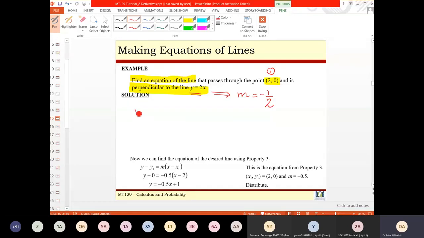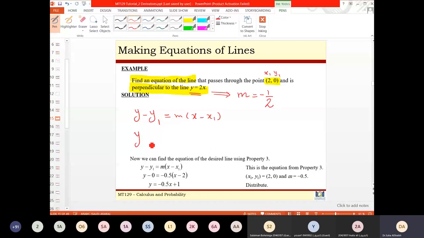So back to my equation. My equation is y minus y1 equal to m times x minus x1. So you come to the point. This is your x1 and this is your y1. You have the m, you have the x1, you have the y1. Use them here.